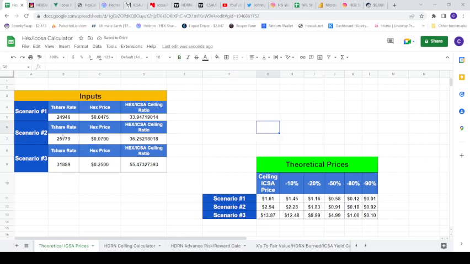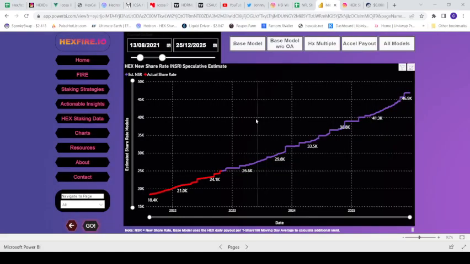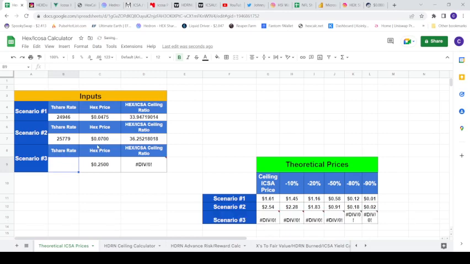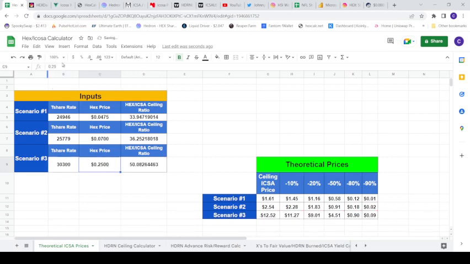So this is for January 1st, give or take. And then I'll do one for closer to the end of 23. So 30,300. Now I'm not being overly moon mathy here, so we'll go 16 cents.